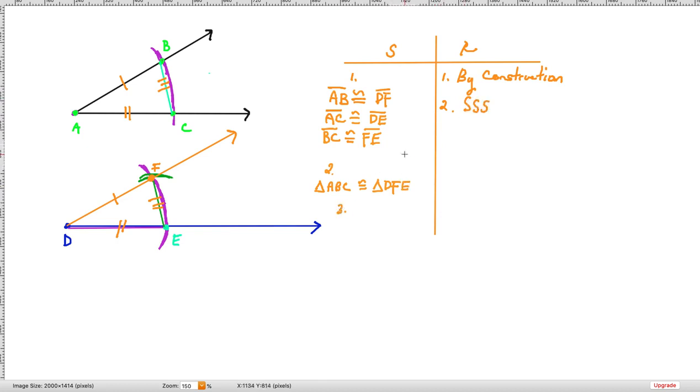Then you know if these 2 triangles are congruent, then all of their corresponding parts are congruent. So this angle over here, let's call it angle 1. This is the given angle, angle 1, right? Angle 1 corresponds with angle 2 in this triangle.